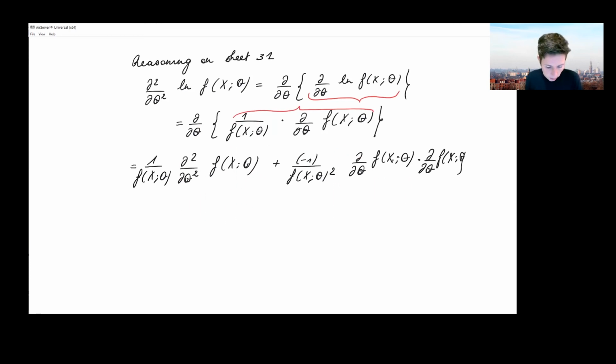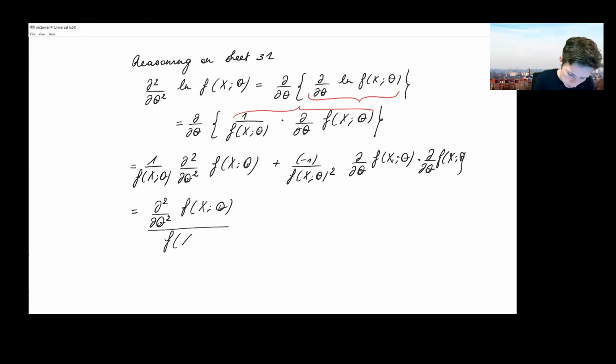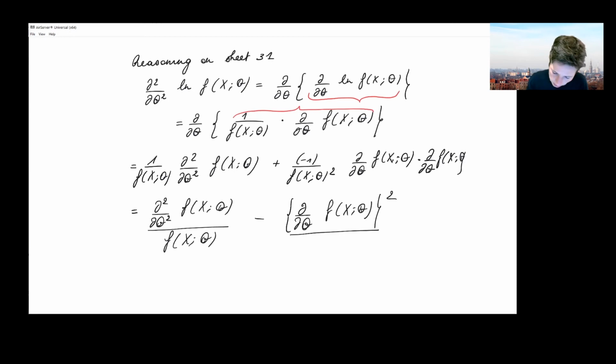If I write that in a more concise way, it's the second order derivative with respect to theta of the density divided by the density itself, minus the derivative with respect to theta of the density, squared, divided by the density squared. That's what I've got.